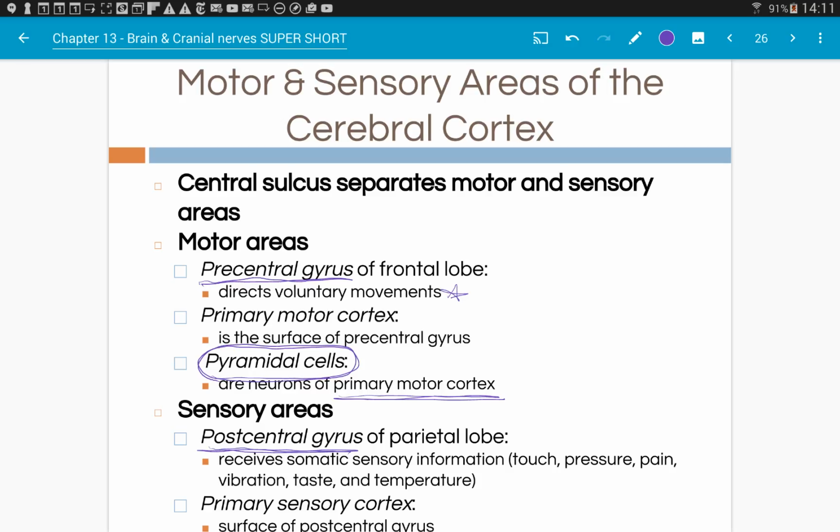And so remember, it is the primary sensory cortex, and the type of senses it receives, all but one is what we call a general sense. So touch, pressure, pain, temperature, vibration.